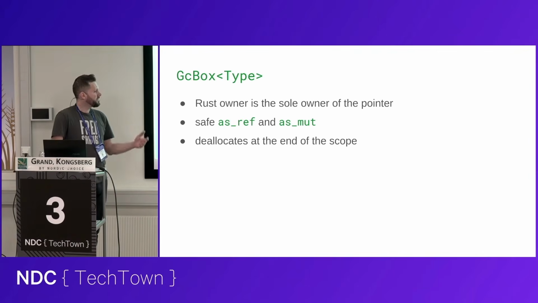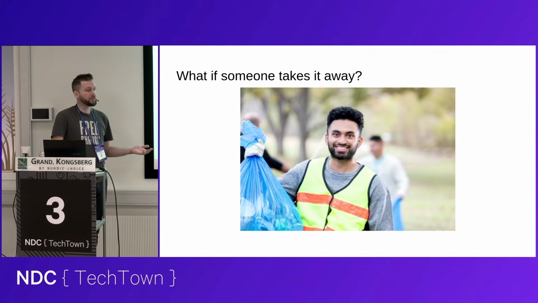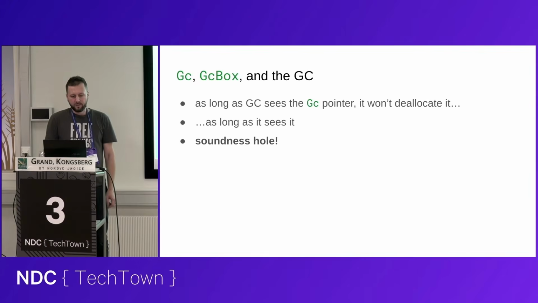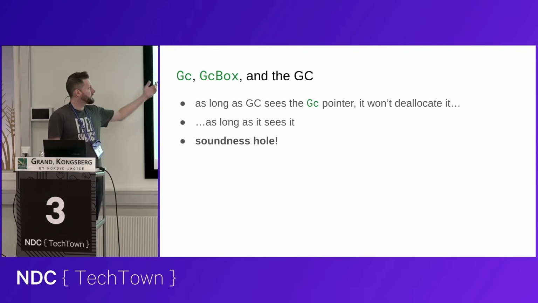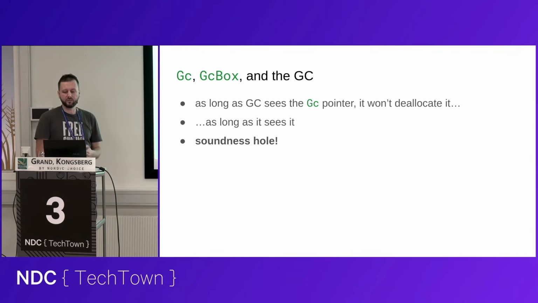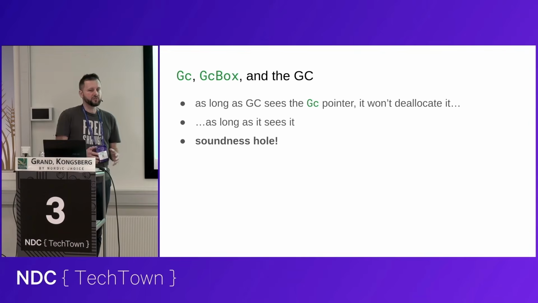But, okay, so we have a pointer. We know that we're the sole owner, but what if someone takes it away? How does it interact here? So as long as the garbage collector sees the pointer inside the GC, it won't deallocate it. There is a pretty important catch here, and it's the phrase, as long as the GC sees it. The garbage collector actually goes through the call stack, so if I have local variables, they will not get deallocated.